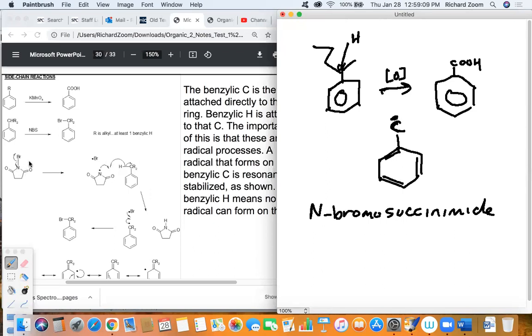So it's a radical initiator, if you will. And what happens is you can see the arrows there. They're actually half arrows. I'll try and draw them a little bit more clearly so you can see them. So that's NBS.